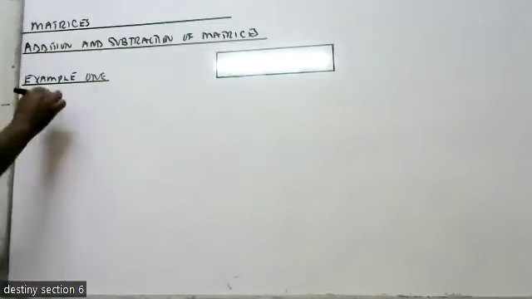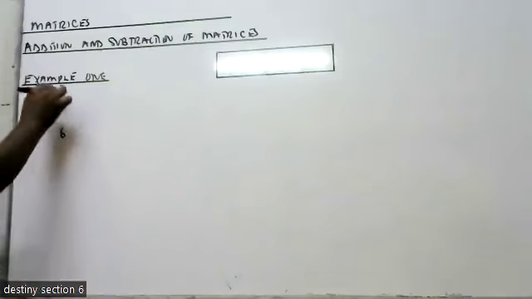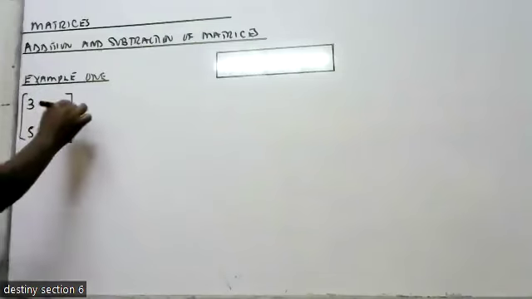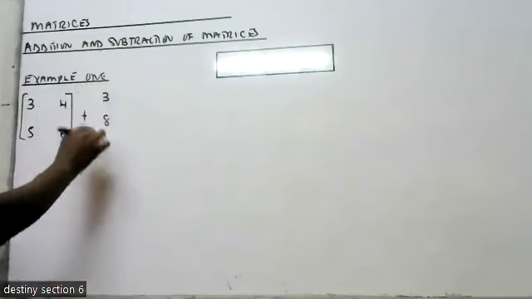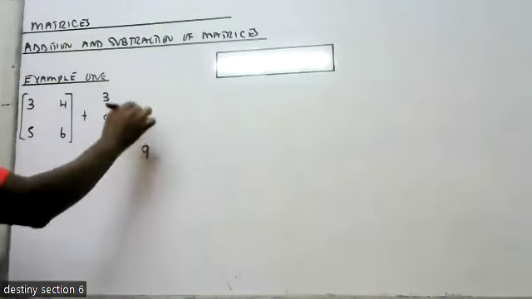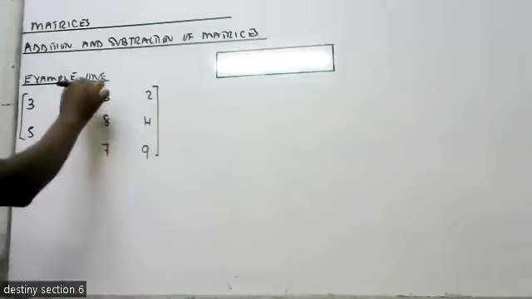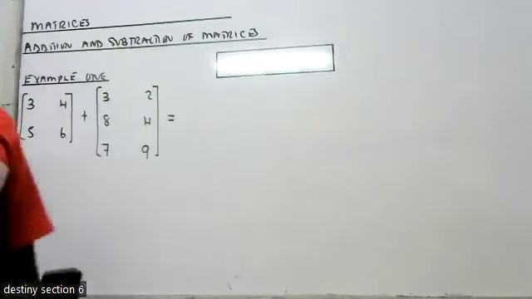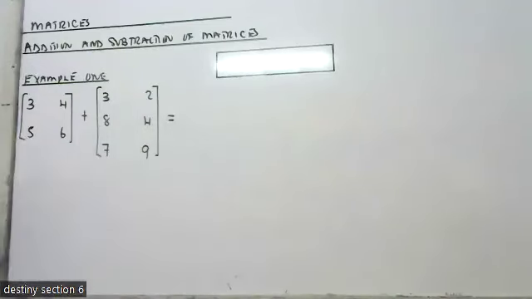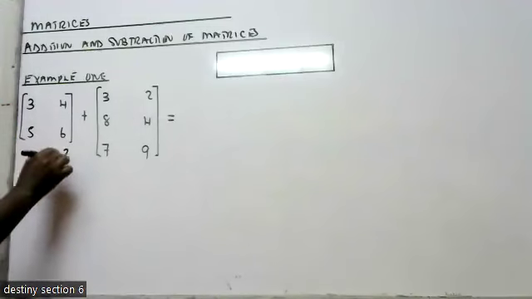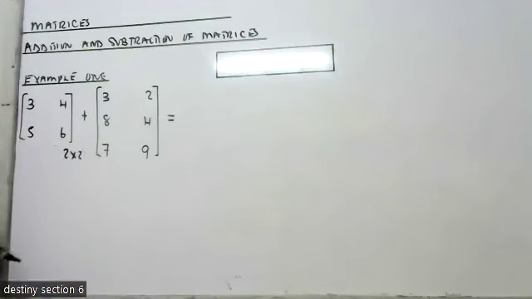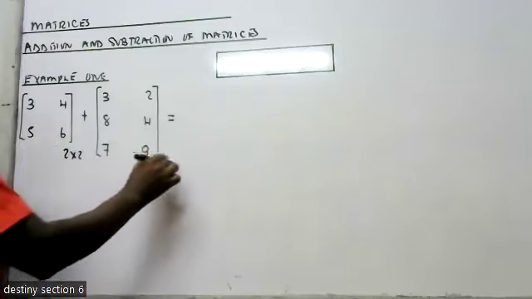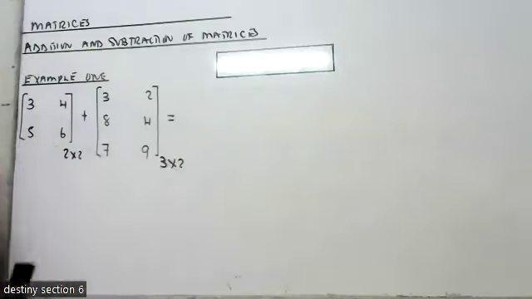If you are told this is 3, 4, 5, 6, and you are told to add 3, 8, 7, 9, 4, 2, the first step is to know the order of the matrices. So this one is a 2 by 2, and this one is a 3 by 2.